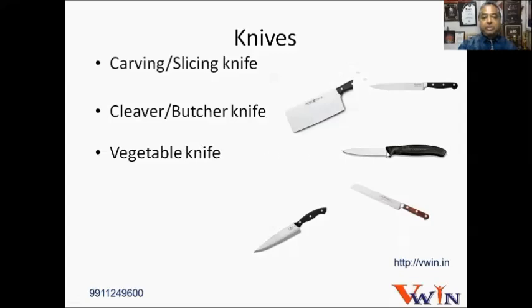Then we have vegetable knife, mainly used for cutting the vegetable. Bread knife is to cut the cakes and breads. Chef knife. Chef knife is actually a multi-purpose knife that can be used for various purposes, for cutting, piercing, peeling. For many purposes, this chef knife is used.